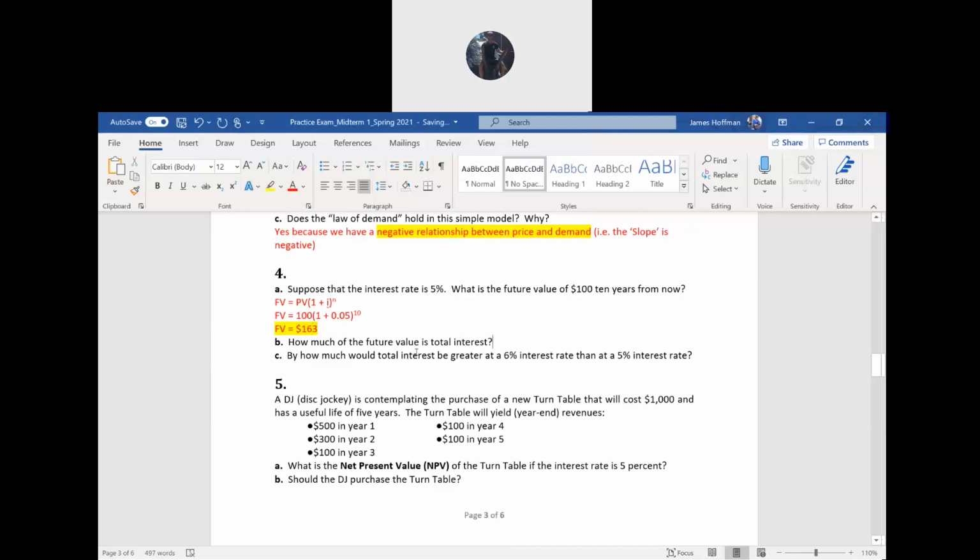Okay, so how much of the future value is total interest? Obviously, if you started with 100 and you came out with 163 after 10 years, then you gained $63 in total interest.